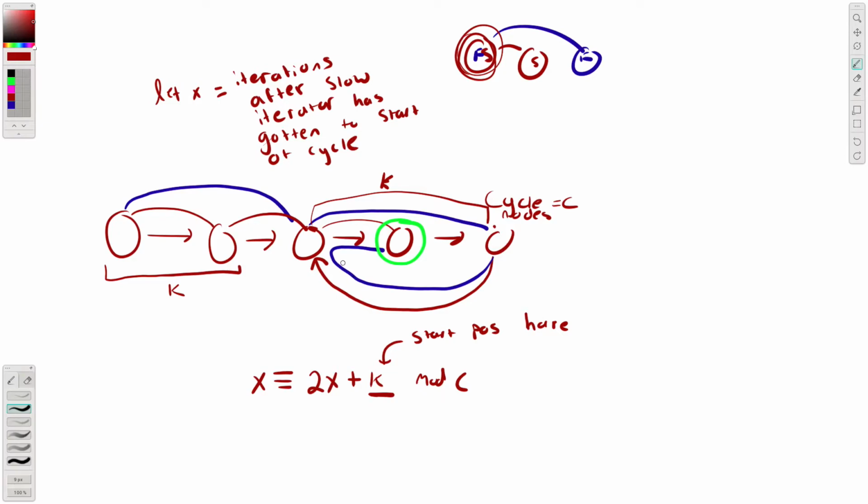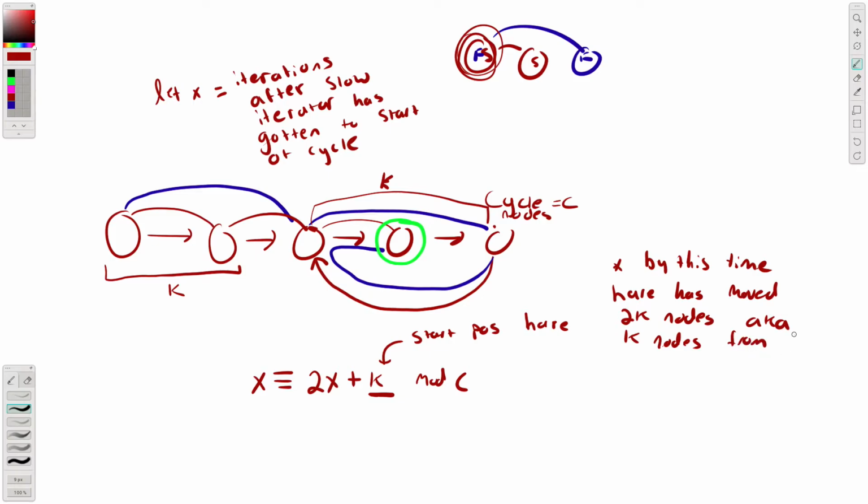So, okay, let me write this note out. Note, by this time, the hare has moved 2k nodes, aka k nodes from the start of the cycle.